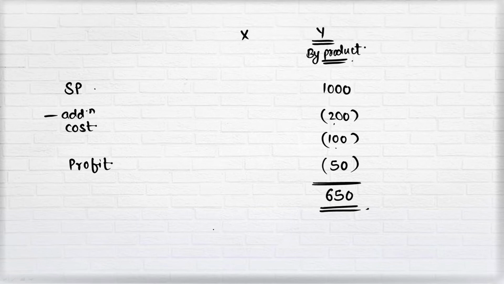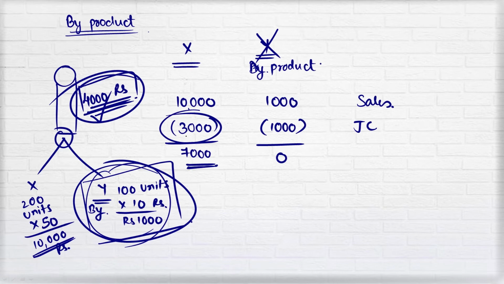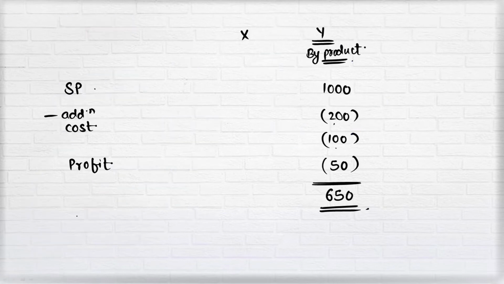All right. What is the total joint cost? 4000 rupees. Please concentrate. I am apportioning joint cost of rupees 4000 to X and Y. How much will I distribute to X? Try to concentrate.